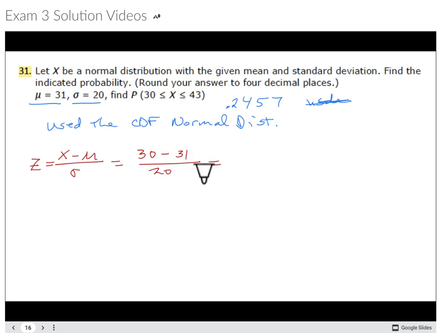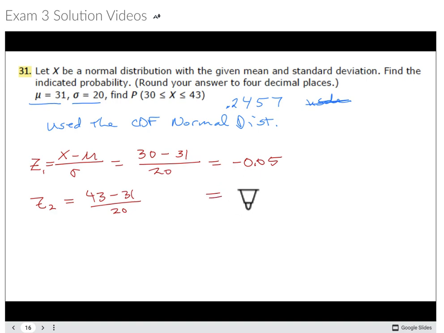And I'll just do it on my handheld calculator. It's a little quicker this way. 30 minus 31 is -1, and then divide by 20, it's going to be negative 0.05. So that's one z value. So I'll call that z1. And then z2, the upper end, is going to be 43 minus 31 over 20.